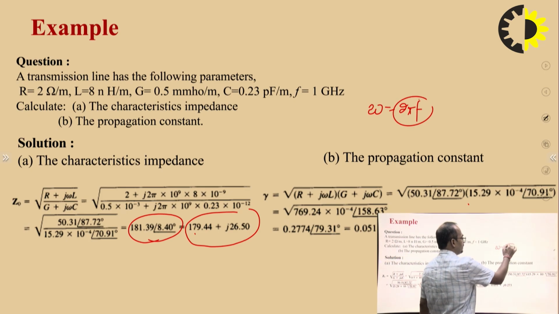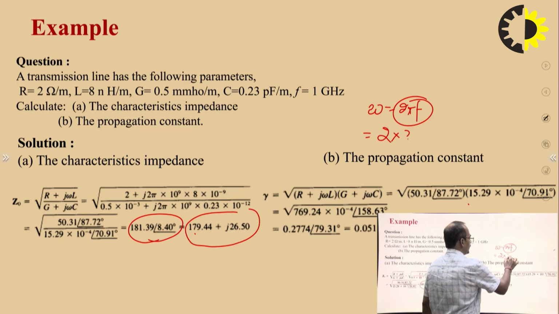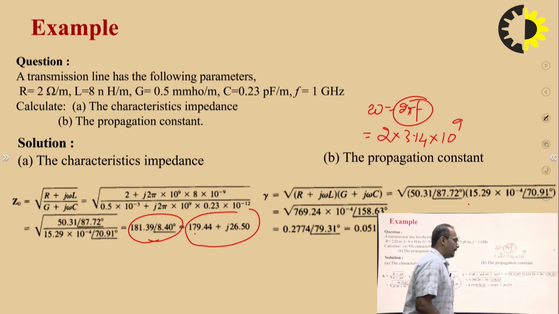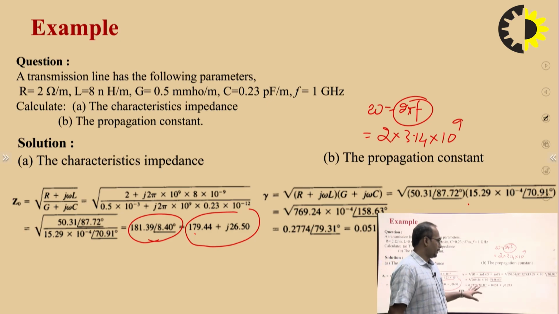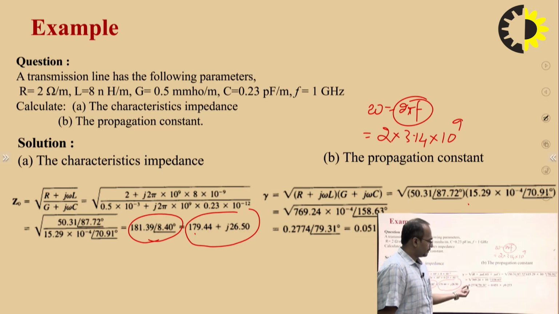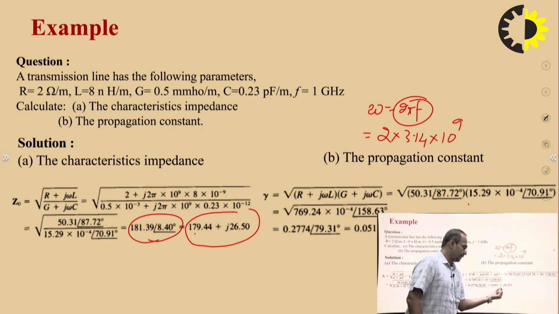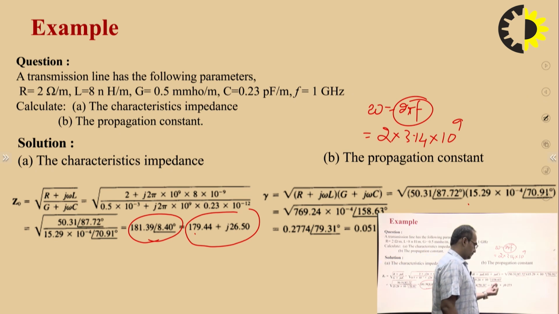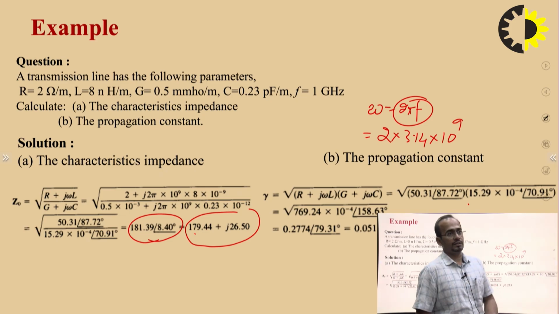So you have to put the value of 2 into 3.14 into 1 into 10 to the power 9. After solving you will get 0.2774 at the angle 79.31, which will be equal to 0.051 plus j 0.273, where alpha is this and beta is this.